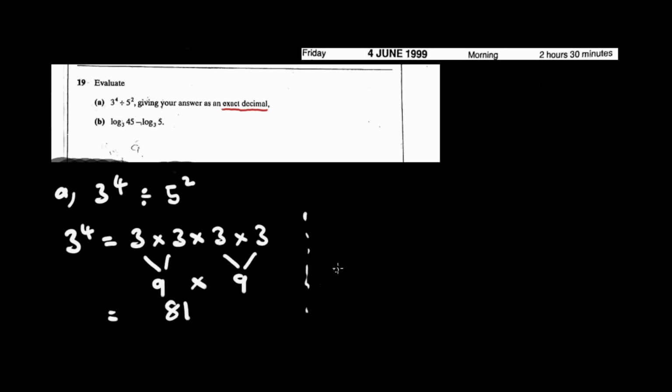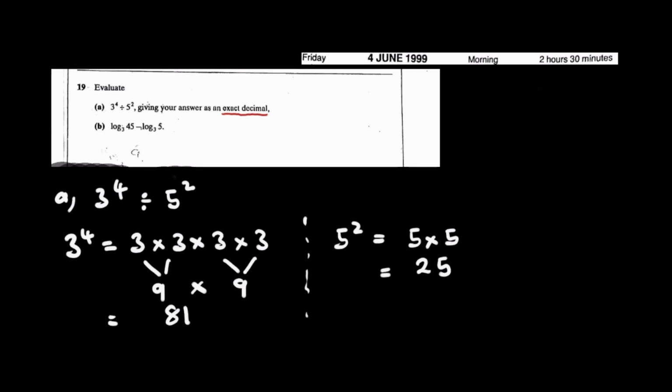Then 5 squared inenge equal to 5 times 5, which is equal to 25. Back to our question. Question yedu iri kuti 3 to the power 4 divided by 5 squared.